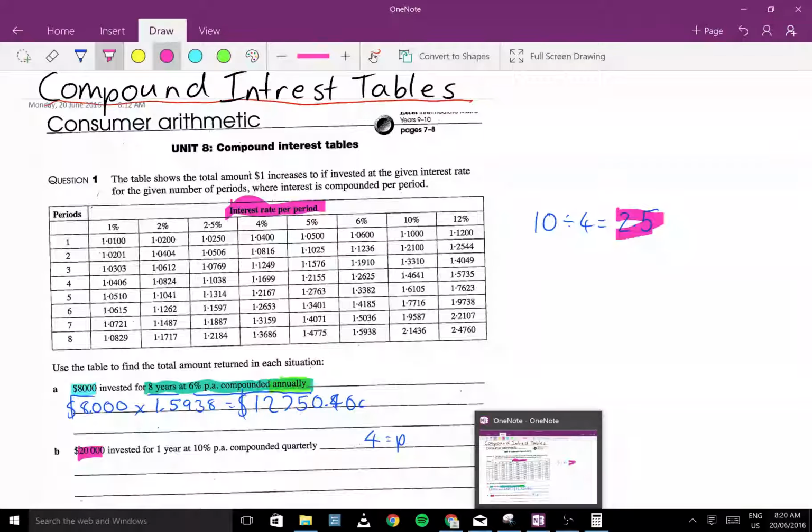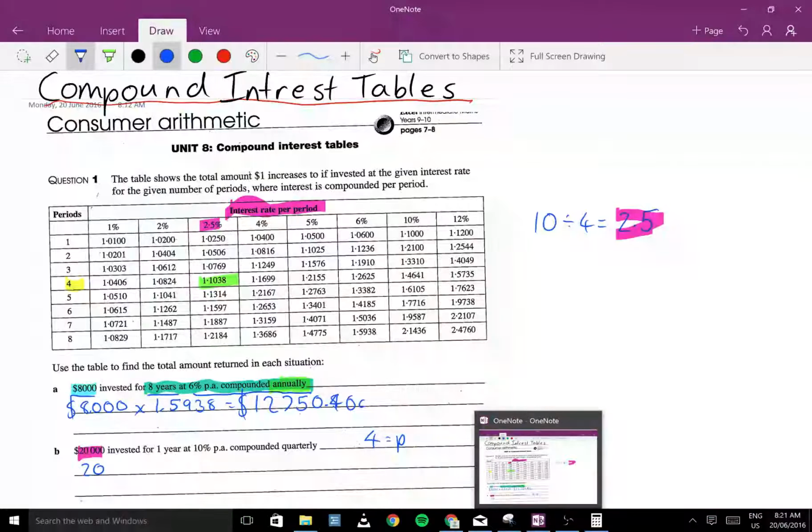So 2.5 is this one. I go down to 4, that's my number of periods, and I end up with the number 1.1038.